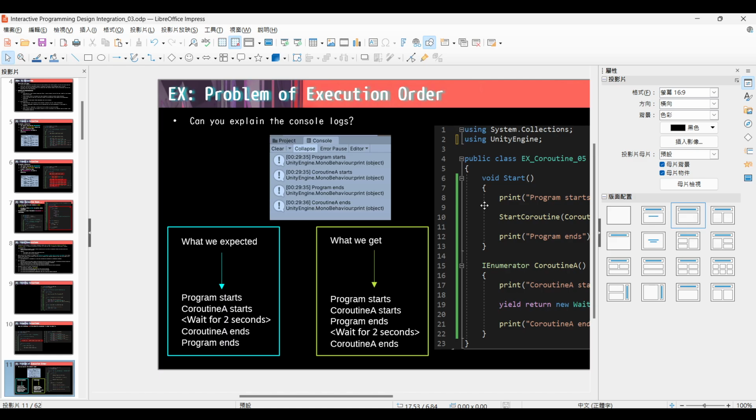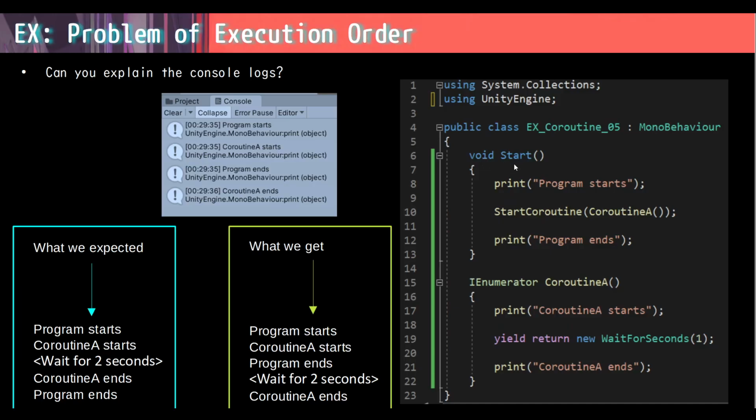So if you can understand the order of execution, let's track the code once again. We're starting from line number 6, and in line number 8 we print a message, and in line number 10 we go to coroutine A. So we're jumping to line number 15 over here, and then print the message over here.